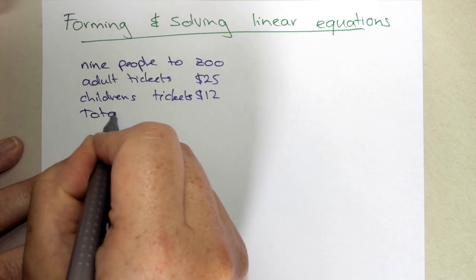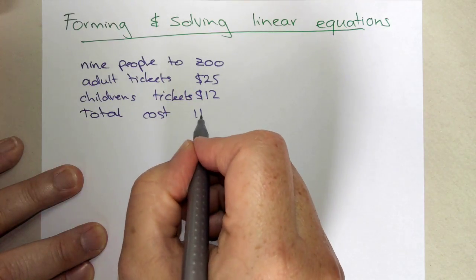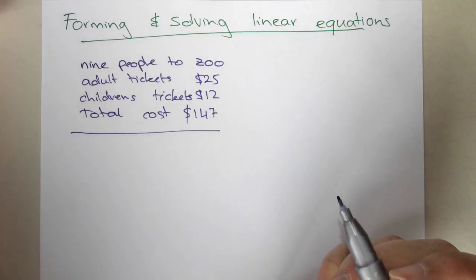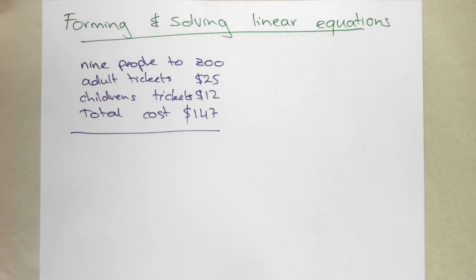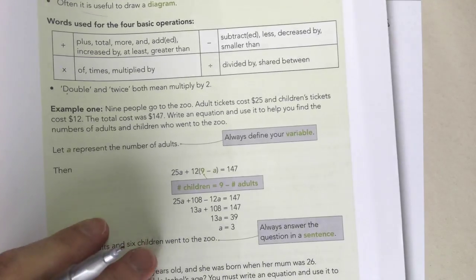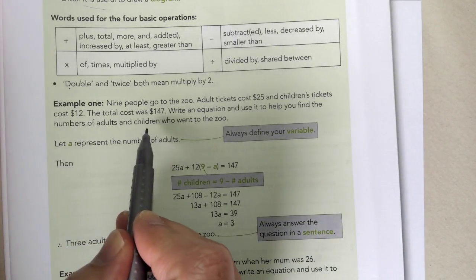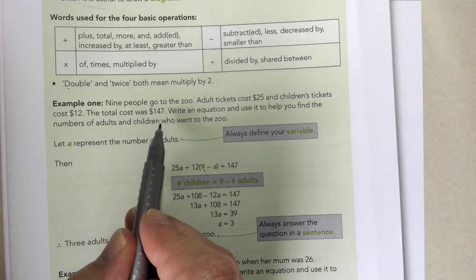And in total, the total cost for all of these 9 people to go was $147. So that's the information that I've got there. Now I want to think about what I'm trying to find. The question said find the number of adults and children who went to the zoo. So that's what we're trying to find, the number of adults and the number of children.